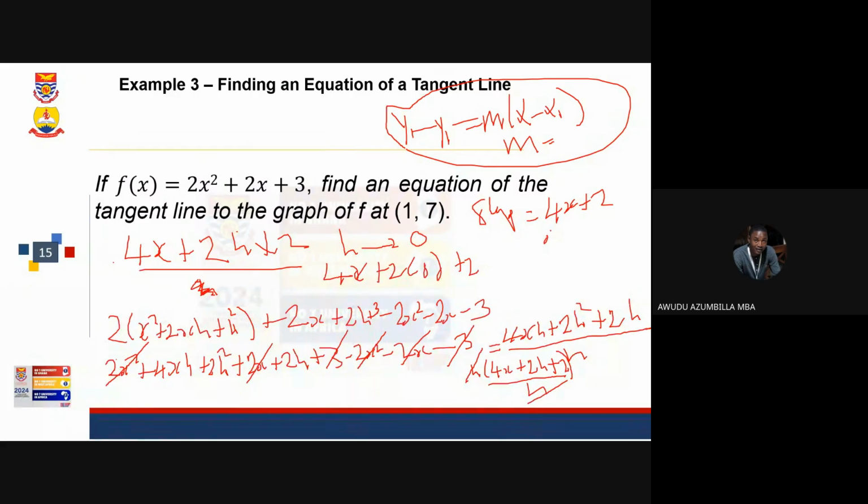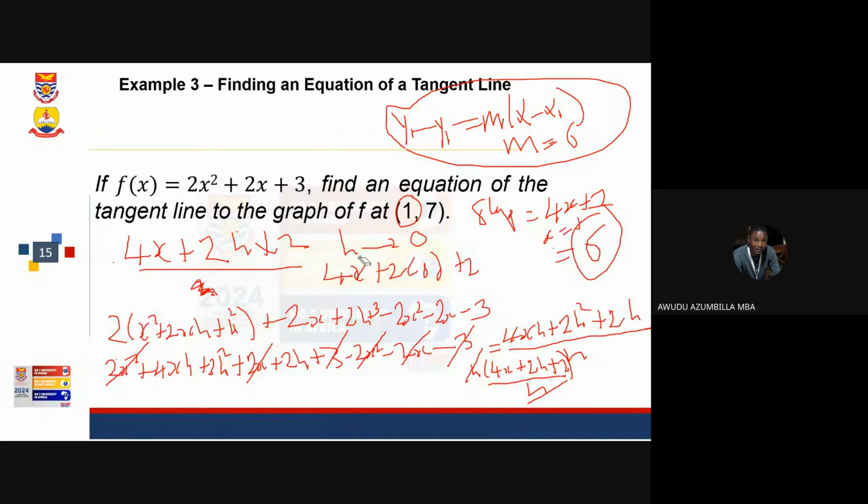So when x is equal to 1, from the question, we substitute x there, we are going to get the slope to be equal to 6. Because we are substituting the value of 1 into the formula, you are going to get 6. Now we know that our m is equal to 6. If our m is equal to 6, what do we do next? We can now find the equation of the straight line.